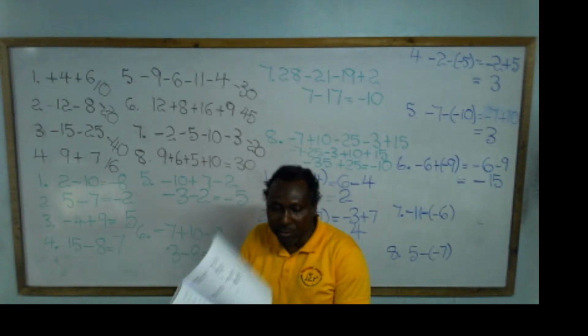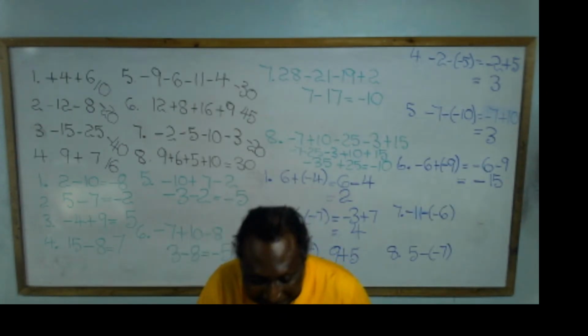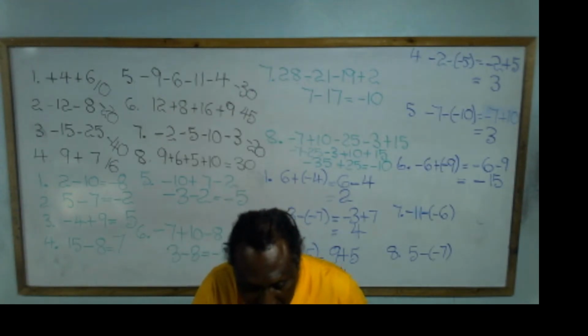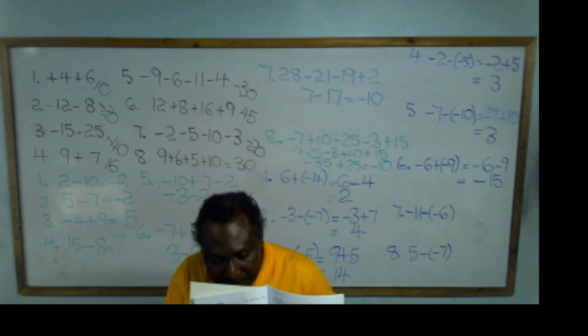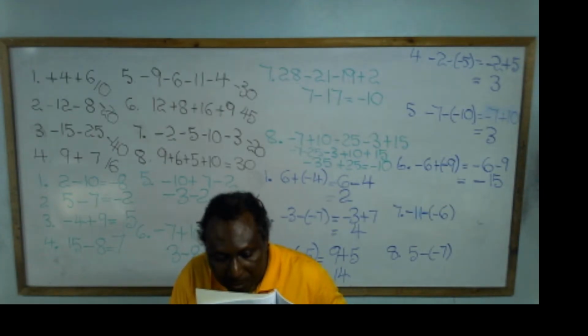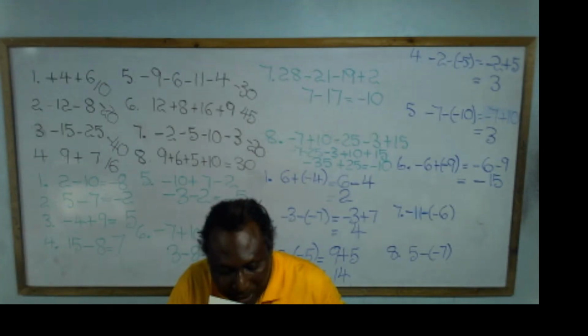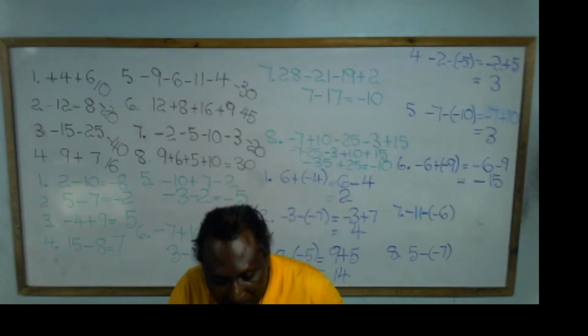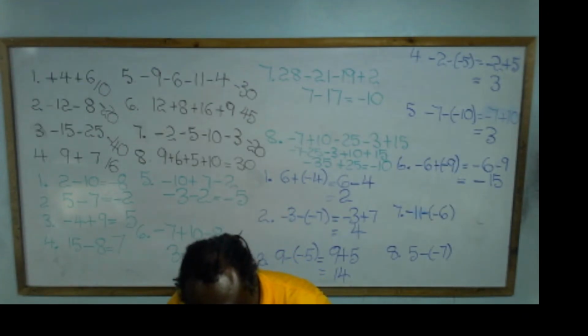Now, this is how we work it out, students. We work it out with the hand. Everything is done for you with the hand in the same way that you are required to work it out.